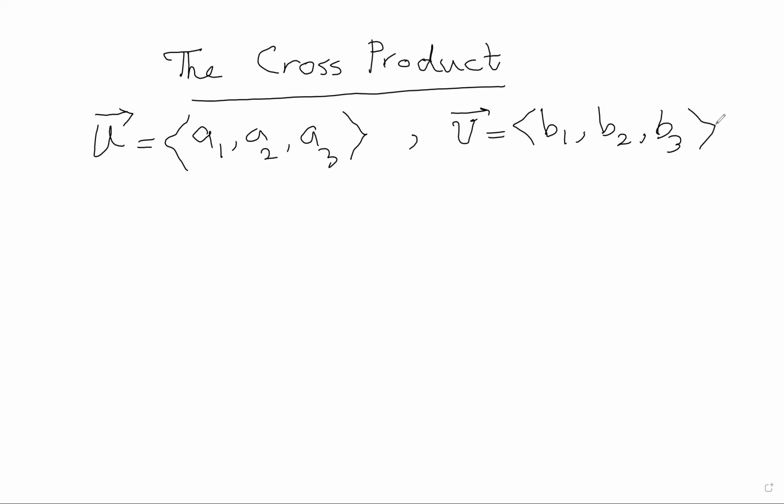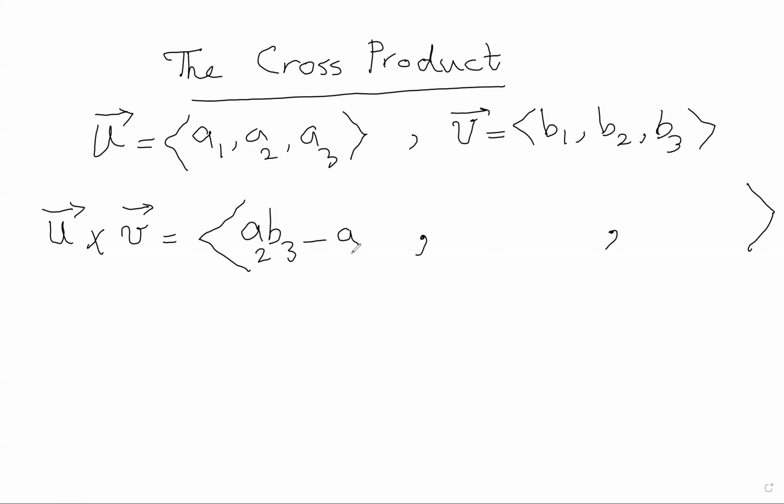So the cross product of these two, u cross v, is another vector. It has three coordinates. The first coordinate is a2b3 minus a3b2.